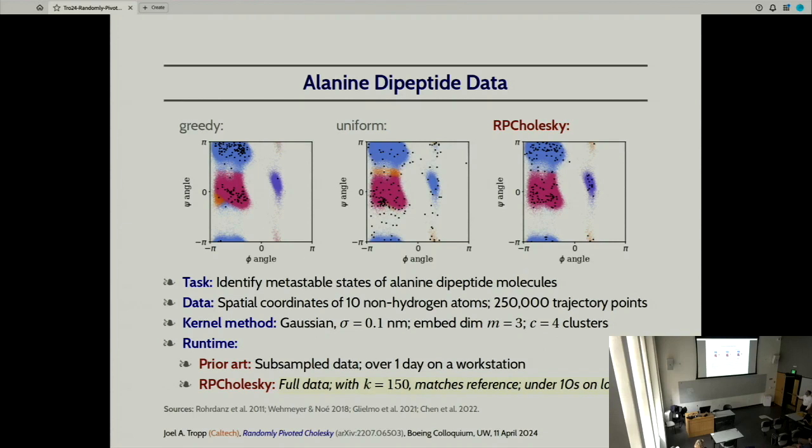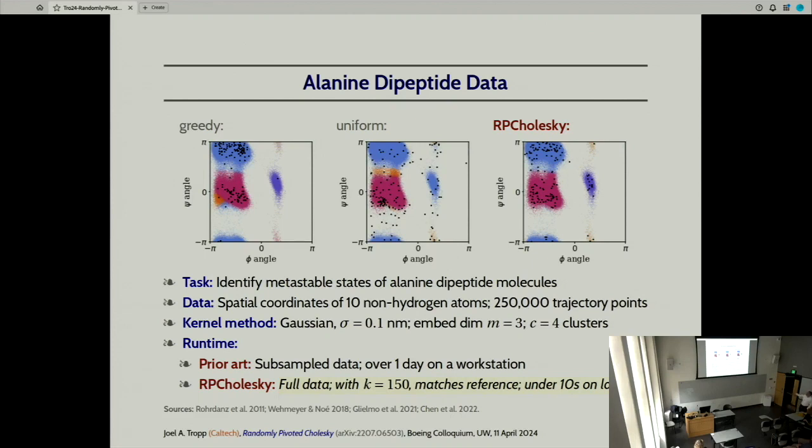Okay, you can apply spectral clustering to this method and plot the results. So you can see that there are 1, 2, 3, 4 metastable states here, which are visible in this plot. And these are the states that are identified by using this randomly pivoted Cholesky method to produce a spectral clustering.